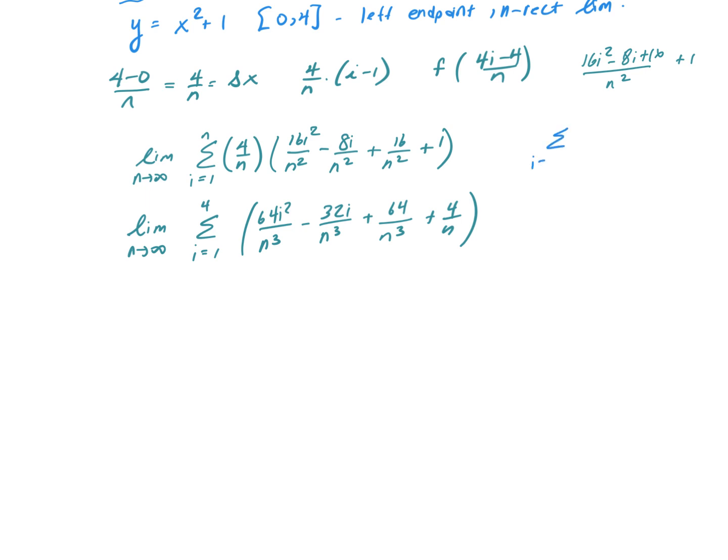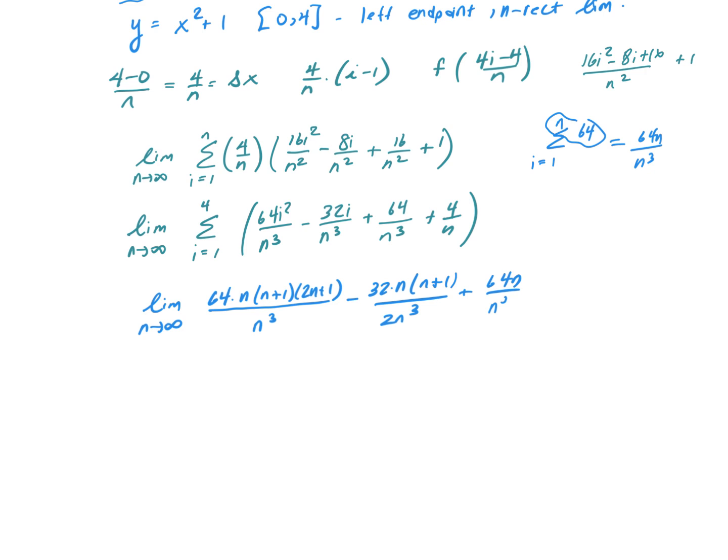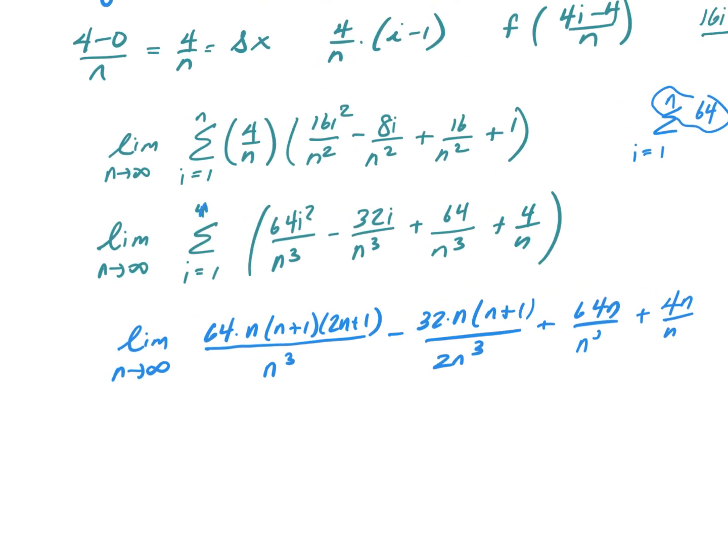So it's I equals 1 to n, 64, that gets that, which is 64n, but then it's over n cubed. And then plus, same thing for this one, right? So it would be 4n over n.